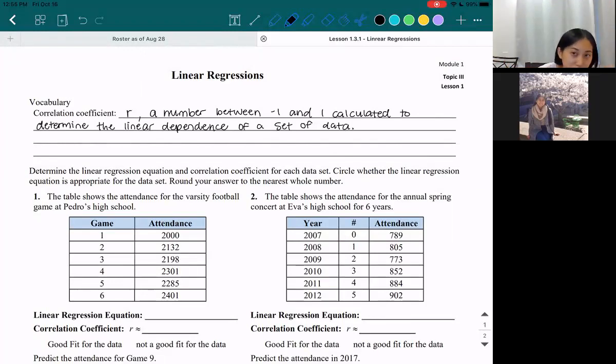Okay, and so you're probably wondering what this means. Let me write more first, and then I will show you some pictures.